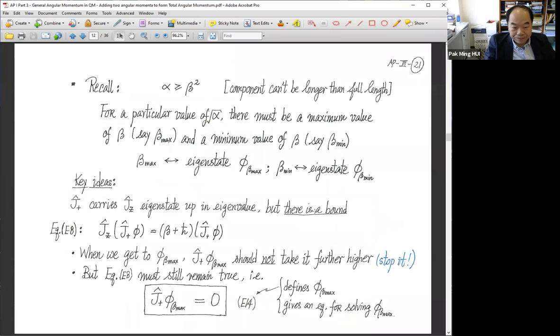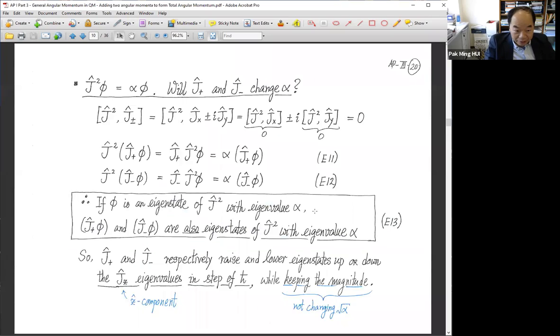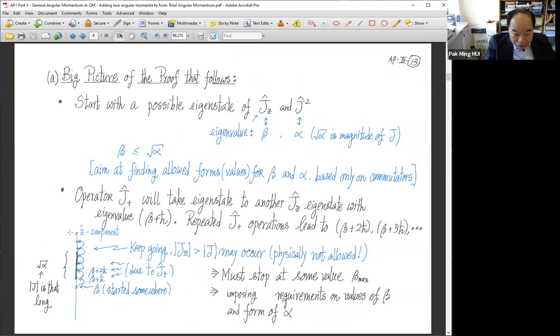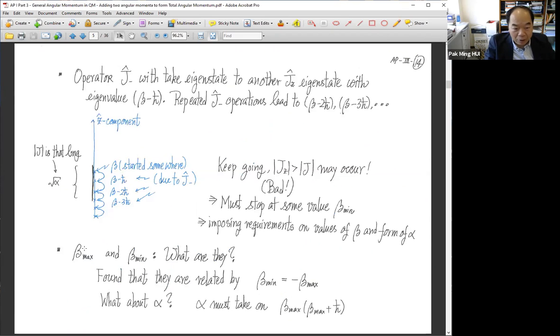And now we are at this stage. We saw J plus taking Jz up, and then it shouldn't get out of bound. That is the next argument, okay? We have also seen J minus decrease the eigenvalue of Jz by H bar in steps, and it shouldn't go out of bound.